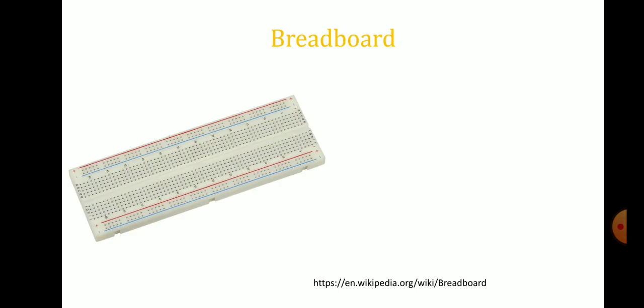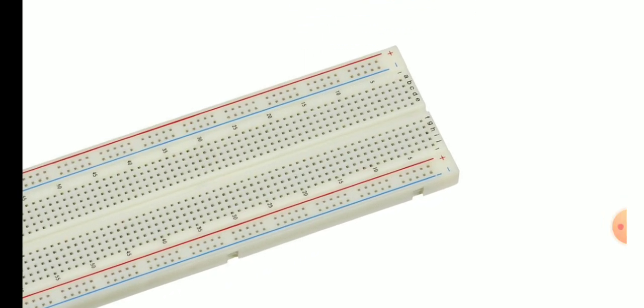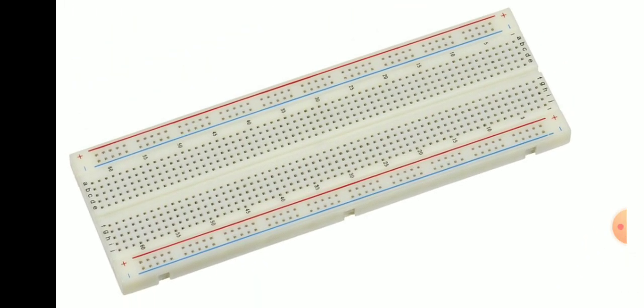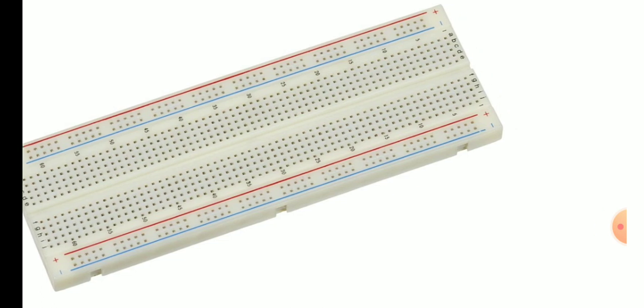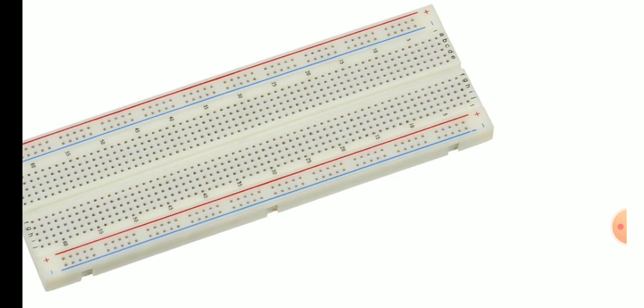So actually we are going to construct the circuit over the breadboard, so we have to understand the breadboard's function. The breadboard will look like this. Over the breadboard we are going to construct the circuit. You can see there is a blue line at the bottom, and over that there is a red line.